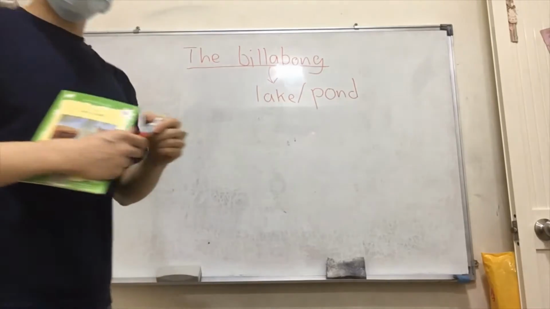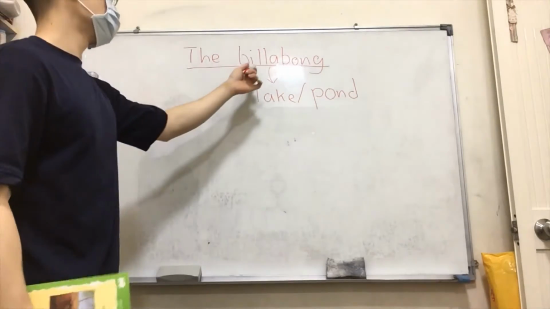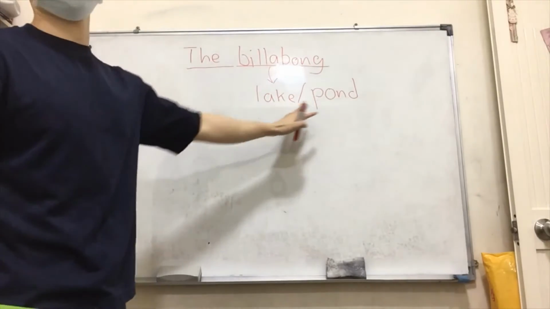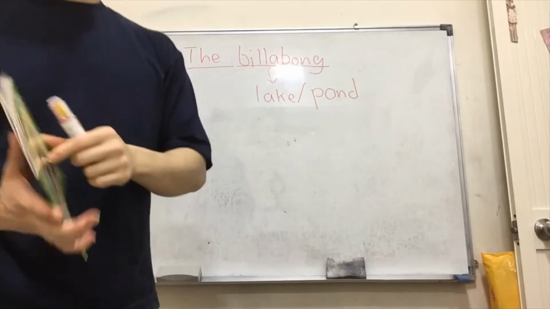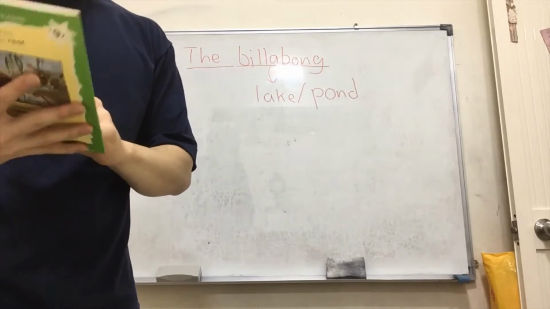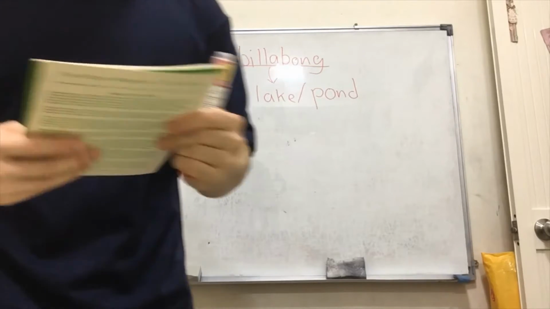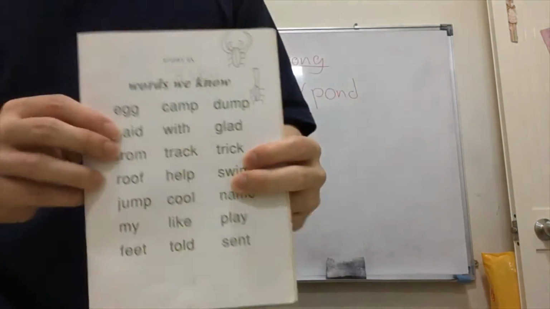So when we refer to something as a Billabong, it is like a lake or a pond. So let's start with the words that we have already known.